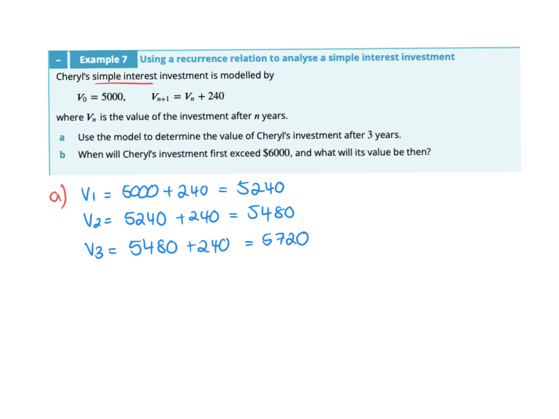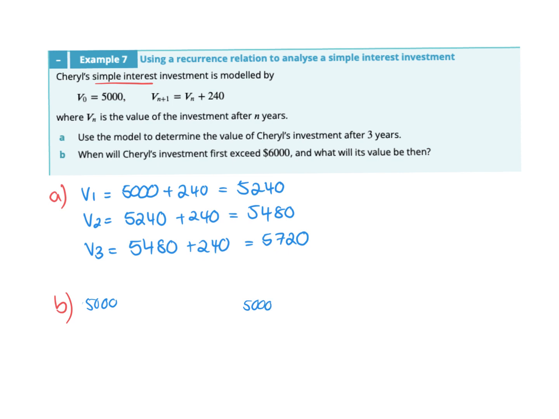All right, so that was A, and then it said when will Cheryl's investment first exceed 6,000. So you could probably put this one into your calculator. You remember when we typed in 5,000, which was the beginning, and you press enter and you end up with the 5,000 over here.